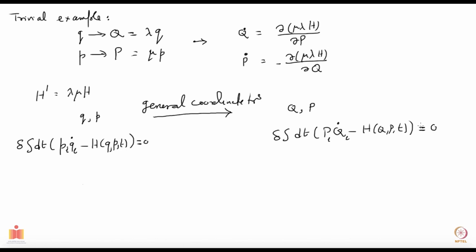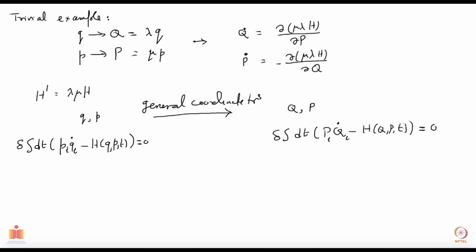Now if this is the case, then certainly those transformations from small q, small p to capital Q, capital P, those transformations that are related in the following manner will give you the equations of motion in the canonical form.